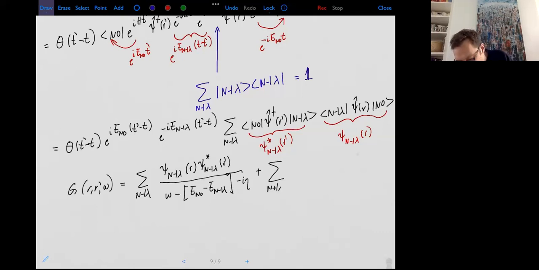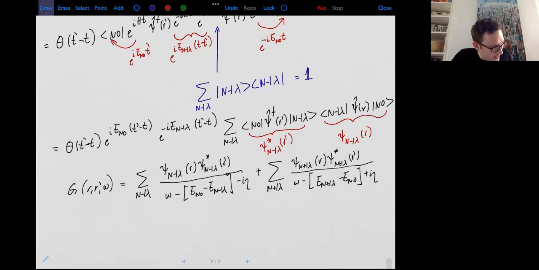And now I'm adding back the electron term. These are the denominators I'm getting in that case, plus i eta. Okay, so this is what you get.